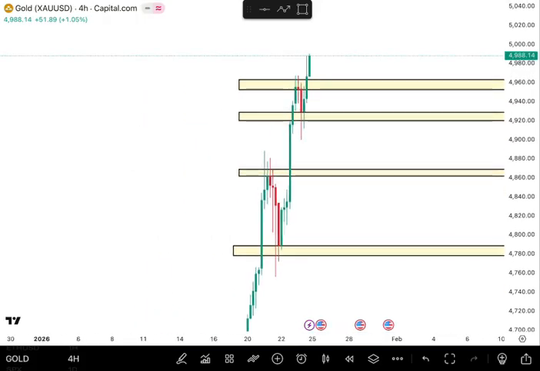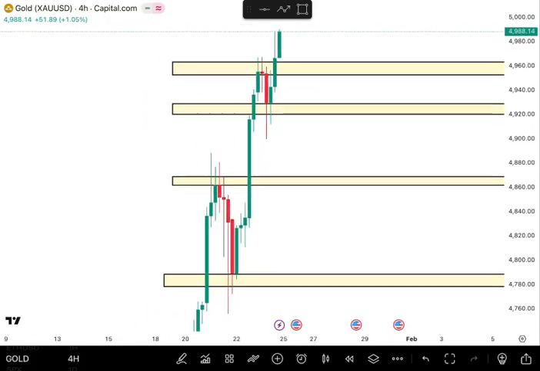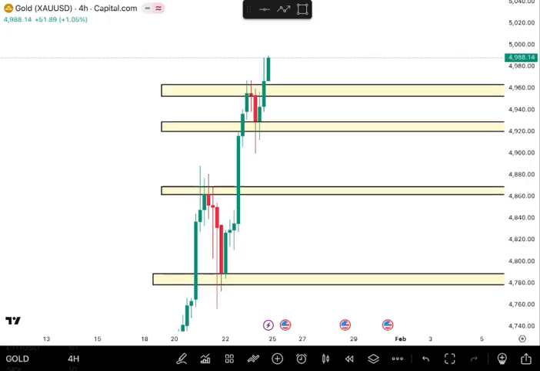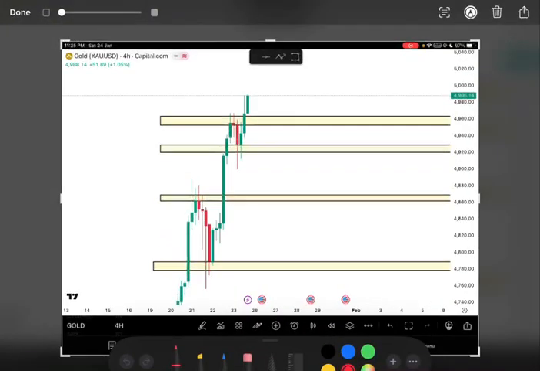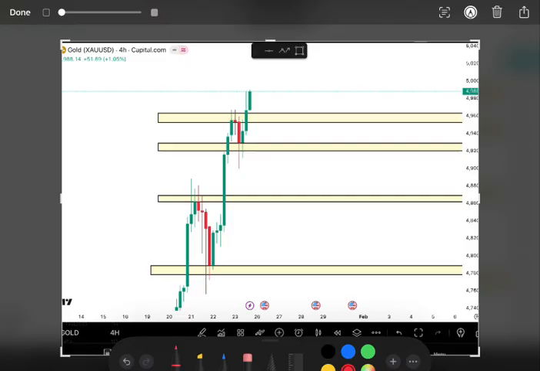So now what will we do? There are two possibilities that we just wait for. If price keeps flying, we wait for another zone, or we wait for the price to pull back here and make a confirmation, and we enter buy in that zone.